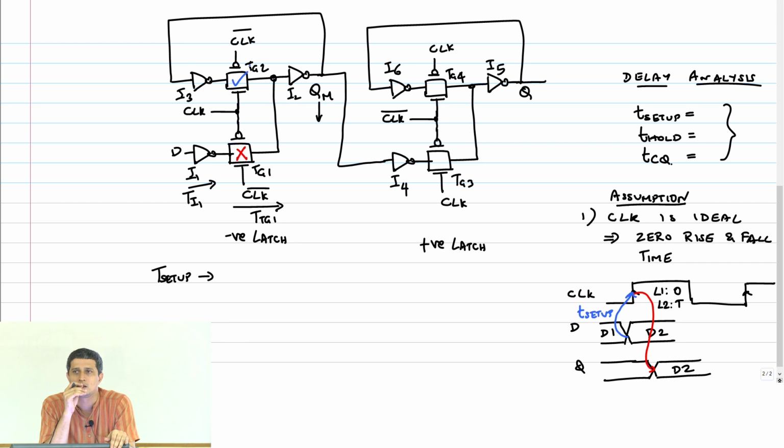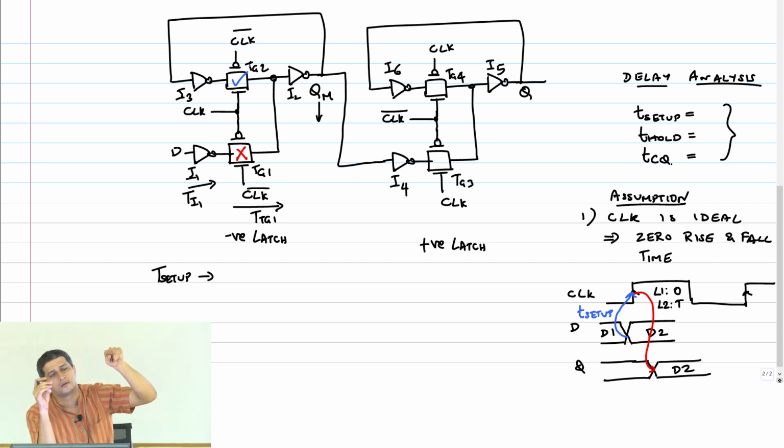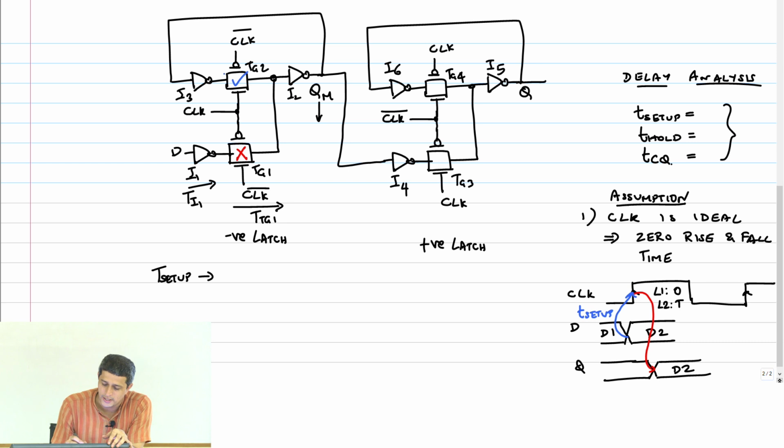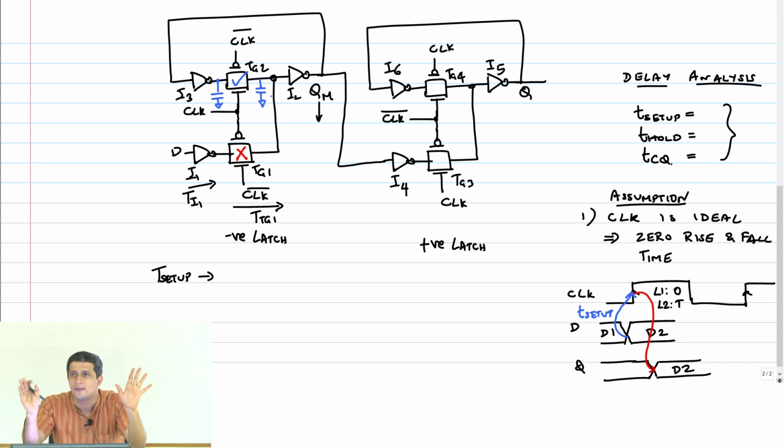So now, when my clock turns off this path and turns on this feedback path, what you want to ensure is that the feedback path is holding the right value. Which means that if I can ensure that this capacitor here and this capacitor here are holding the same value.